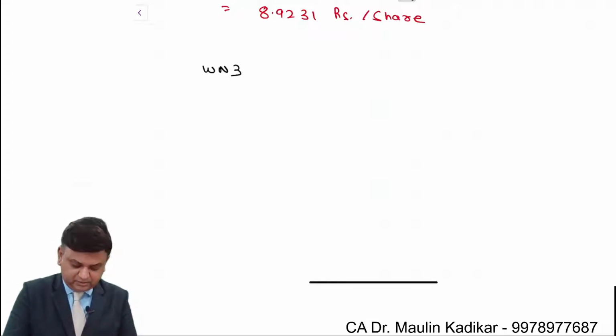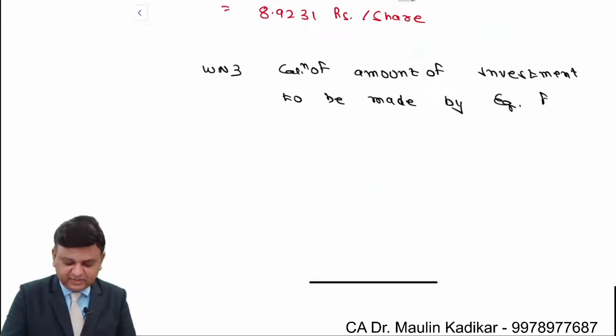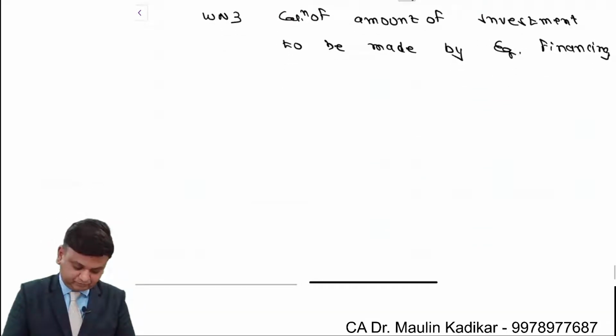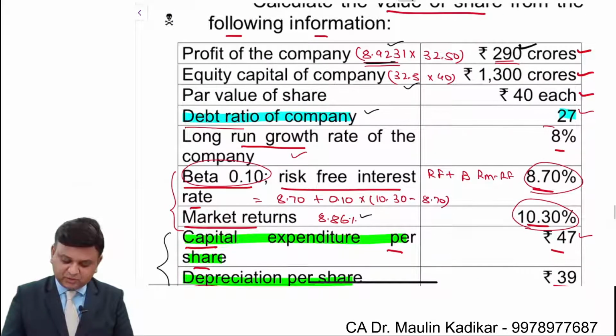Working note number 3: calculation of amount of investment to be made by equity financing. Capital expenditure is provided to us in the question, 47.